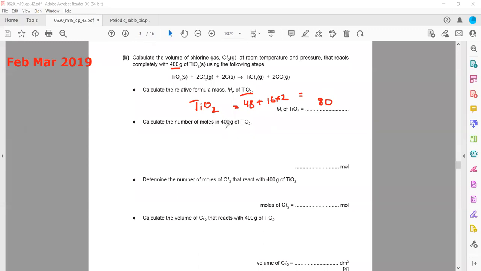Calculate the number of moles in 400 grams of titanium oxide. So we have the mass in grams. How to get the moles? Which formula will we use to get the moles if we have the mass in grams?